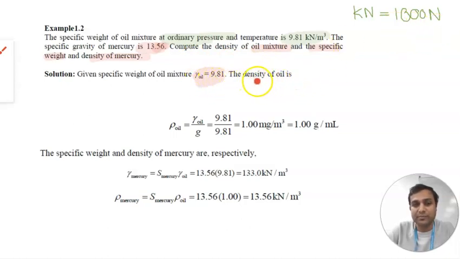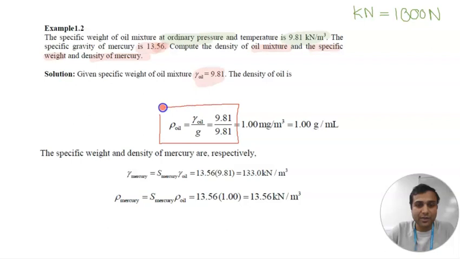If we need to find the density of the oil, we take 9.8 divided by the value of g, which will give you the value. And we have two new units now. We can have milligram.